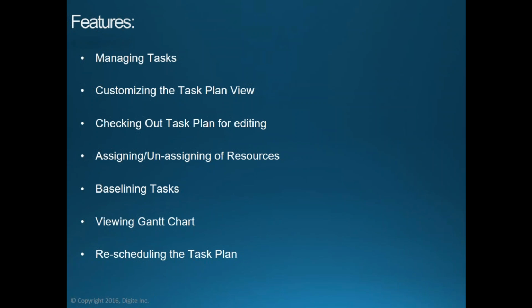So what are the various features? Managing tasks, customizing the plan, checking out the task plan, assigning, unassigning the resources, baselining, viewing Gantt chart, and rescheduling. Just to clear the thought process, in MSP we call it check-in, check-out. In STaRT we call it edit and save. Okay.